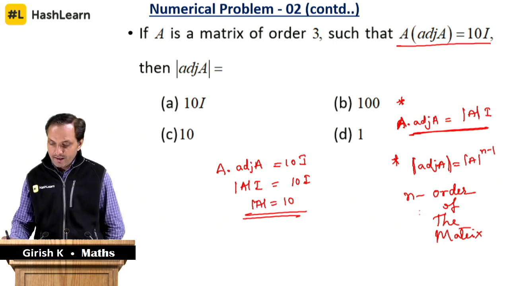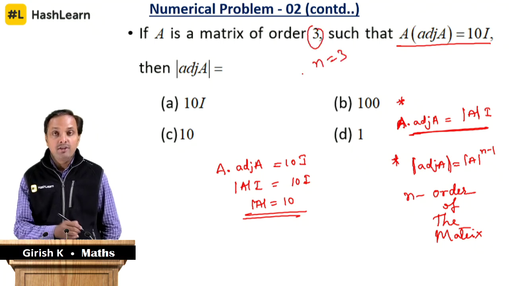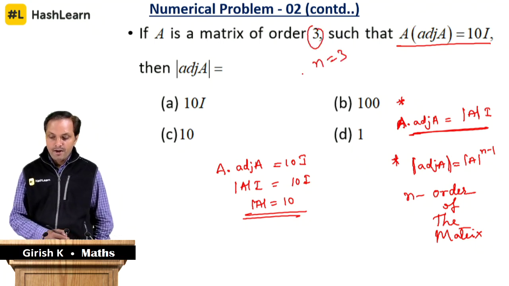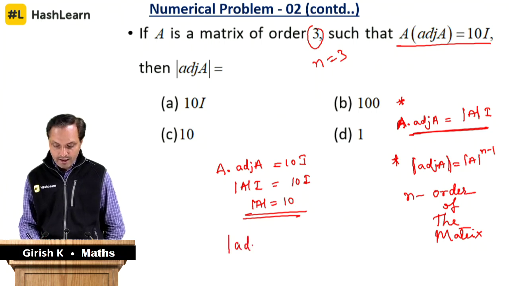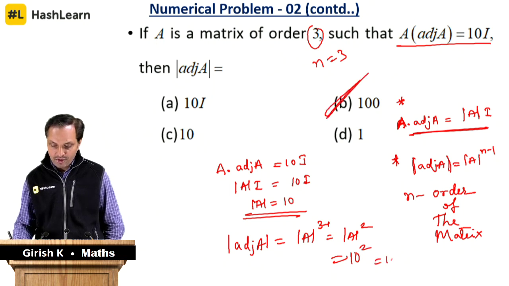So what is n going to give you? For this particular problem, n is 3. Therefore, determinant of adjoint A is determinant of A whole power 3 minus 1, which is determinant of A square. Determinant of A is 10. 10 square is 100, which is the option.